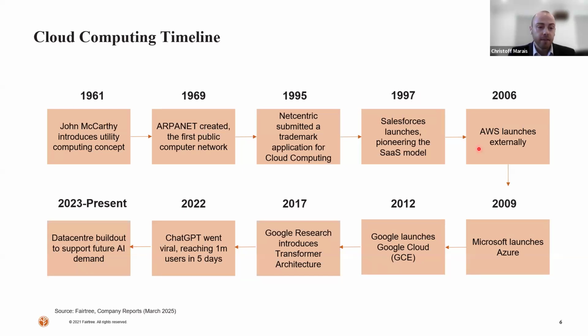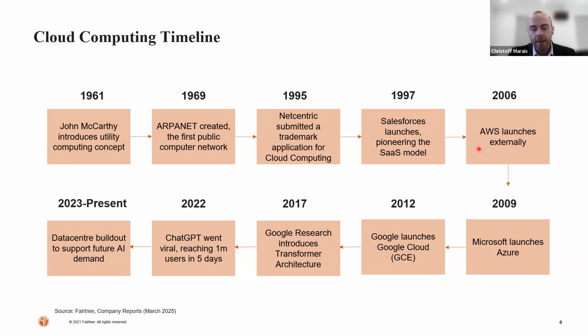Already in 1961 he started theorizing about computing as a utility, as a concept. What that means is that he saw in the future that you could buy computing power, computing resources, similar to how you buy electricity from a utility company.